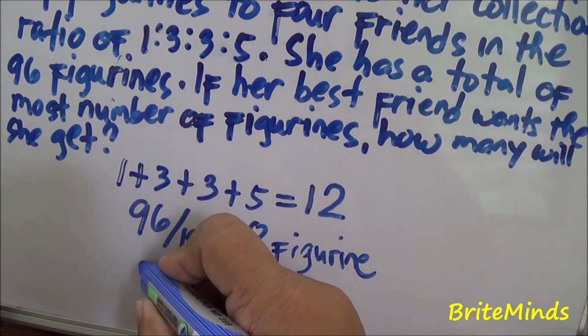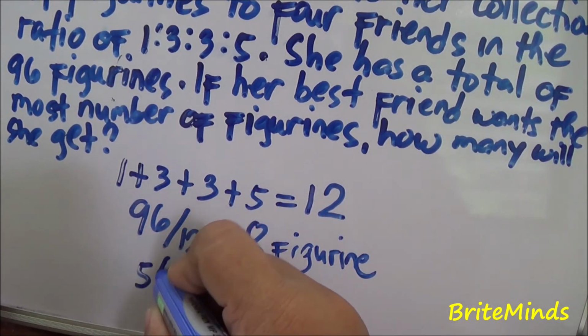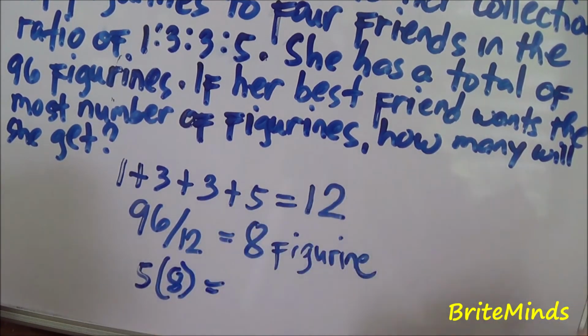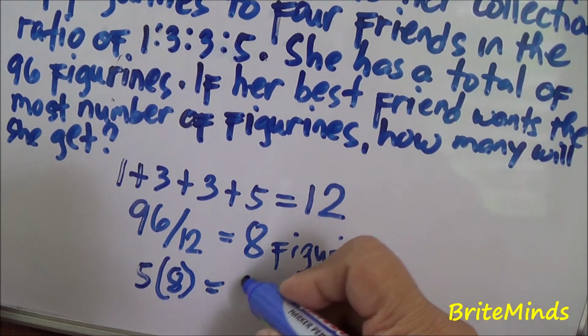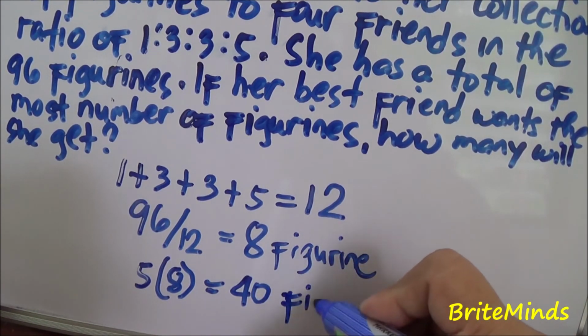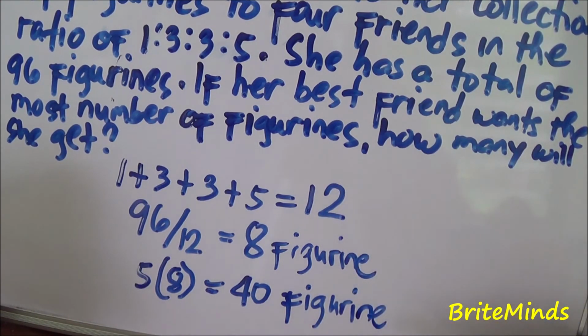So 5 shares times 8 figurines means that out of 96, she will have 40 figurines. Karen will give her best friend 40 figurines.